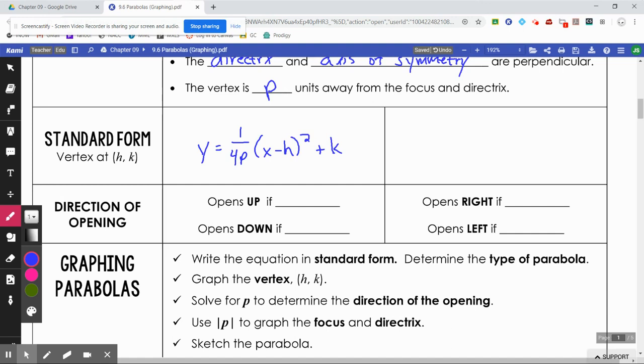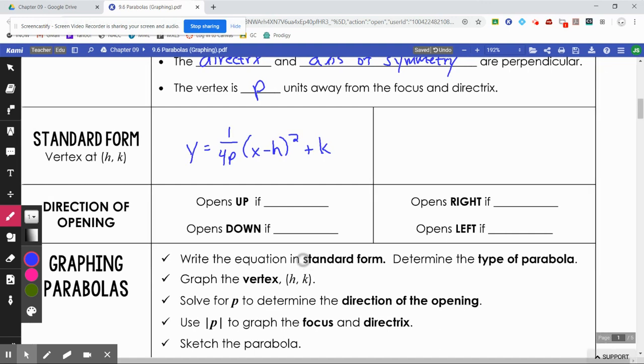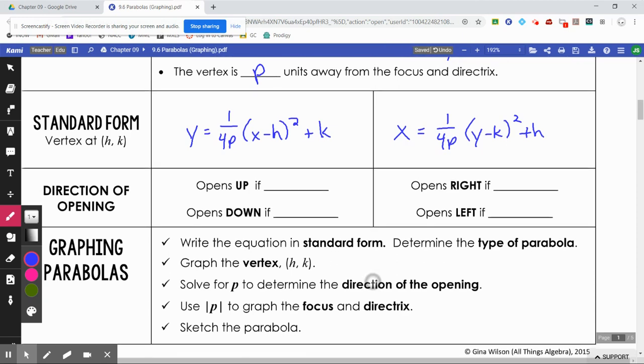You're going to see this different in different books and websites, and I write it like that because it looks more like the form that you've seen in the past. Now, if we switch the x and y and the h and k, your second form of the parabola is x equals 1 over 4p times y minus k squared plus h.